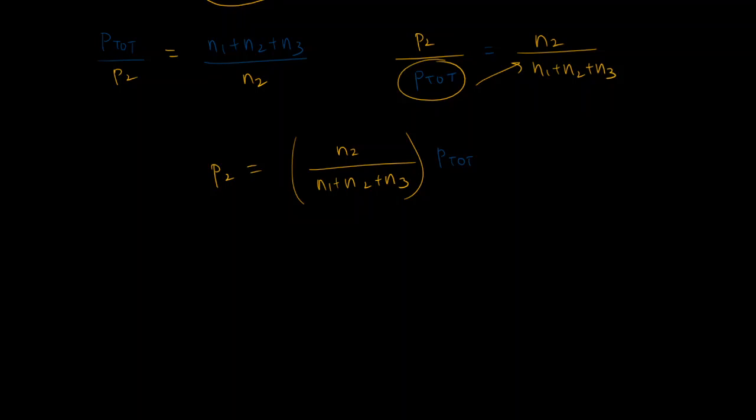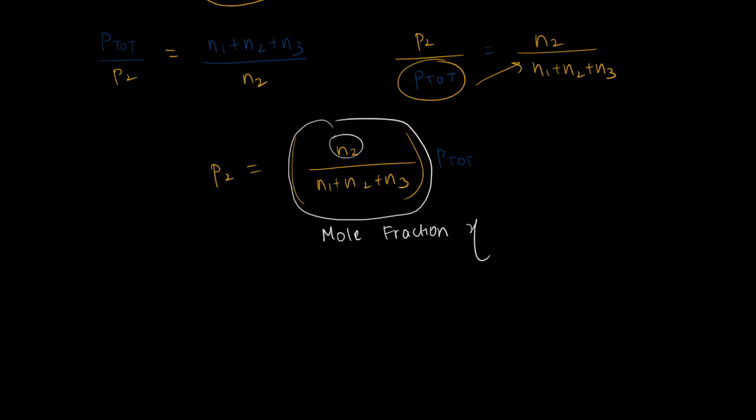Since this is a measure of the ratio of the number of moles individually to the number of moles in a mixture, it is also called the mole fraction. Mole fraction is represented by the letter chi, this elongated x. For this gas P2, you would write chi 2.